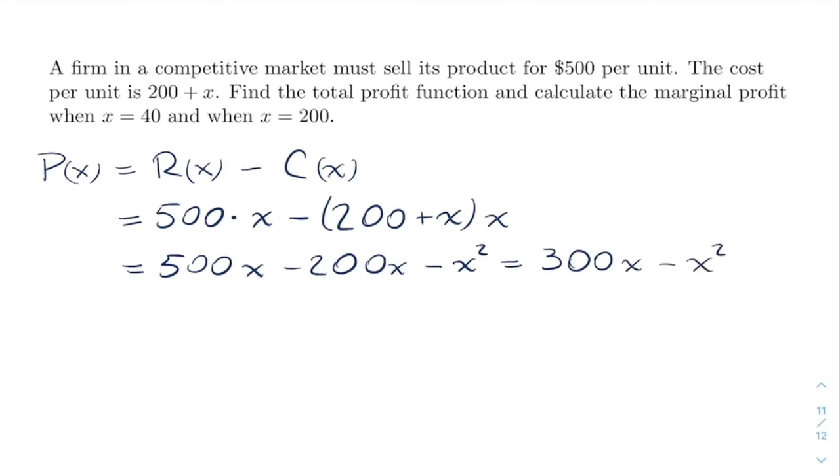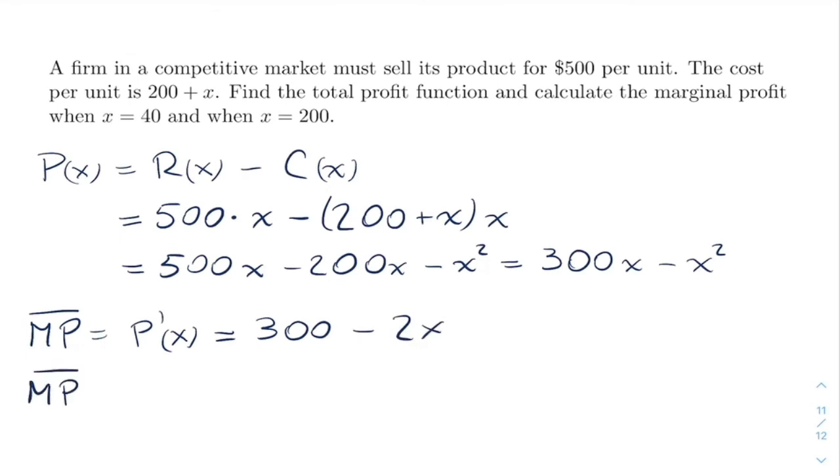So now let's try to find the marginal profit function. So the marginal profit, remember, was the derivative of P. So in this case, this will be 300 minus 2X. So we can find what is the marginal profit when X is equal to 40.